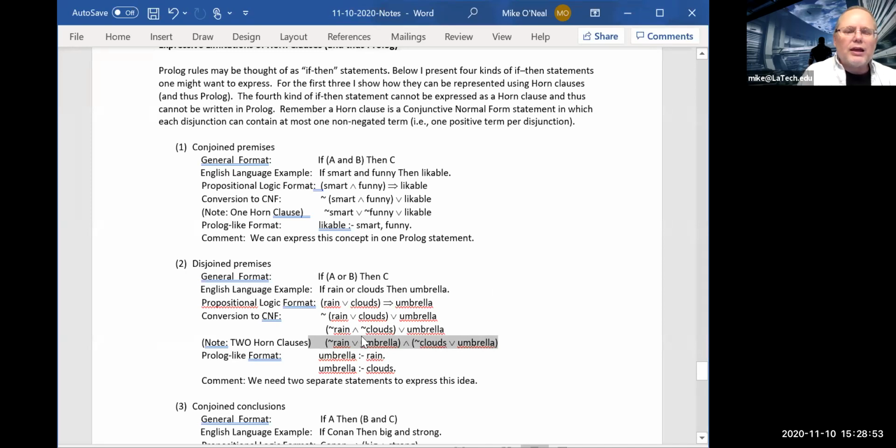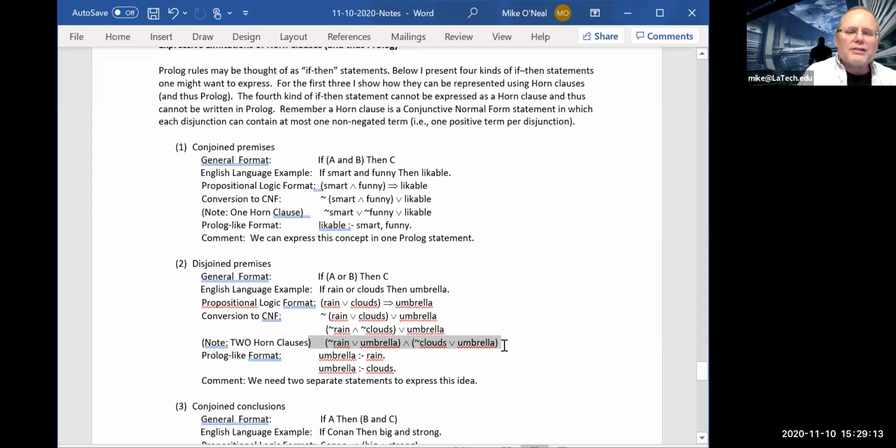So not rain and not clouds or umbrella becomes not rain or umbrella and not clouds or umbrella. You're distributing the or over the and. That's a distributive rule that you have in logic.